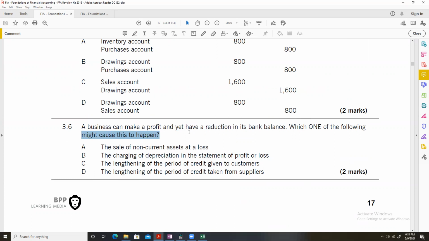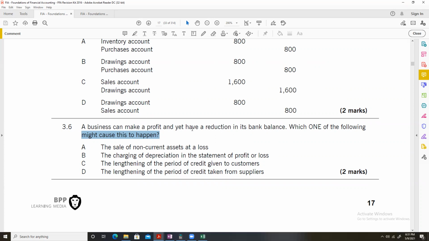Now, in this question, the examiner is asking you to tell which of these transactions will reduce the bank balance, but at the same time increase the profit.